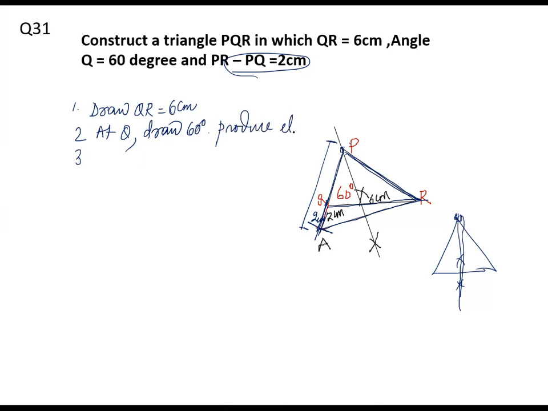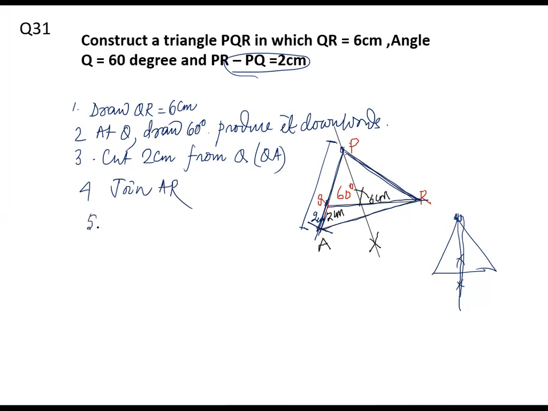Produce it downward, it means extend it a little downward. Now cut 2 centimeter from Q. This is named QA. Fourth, join AR.